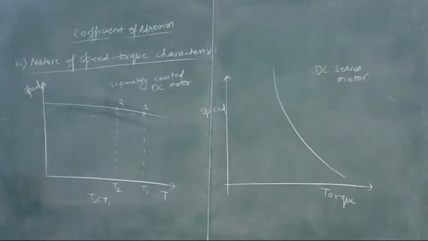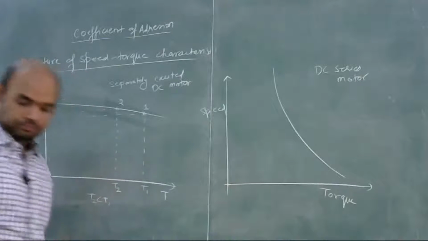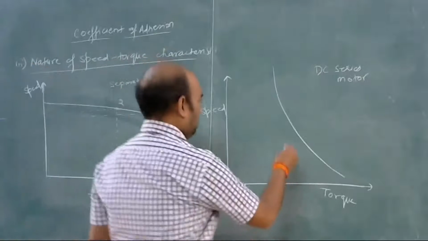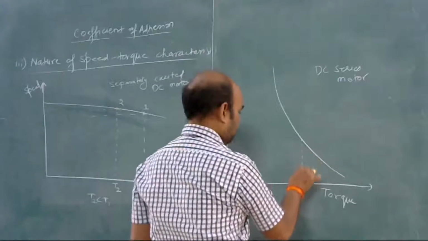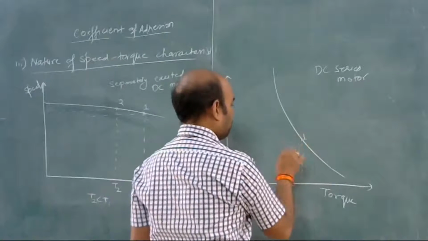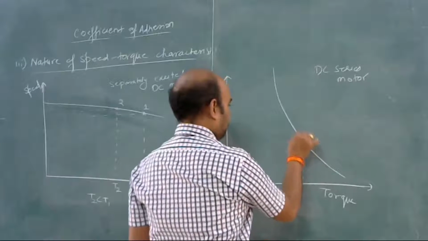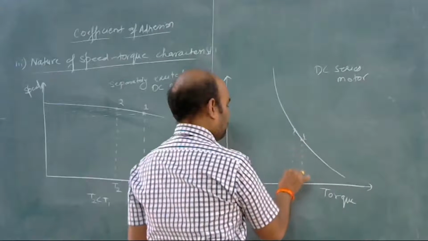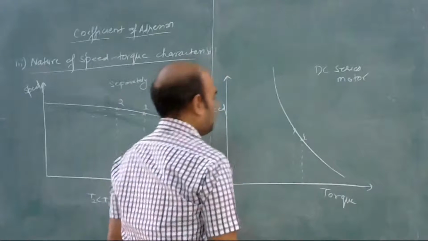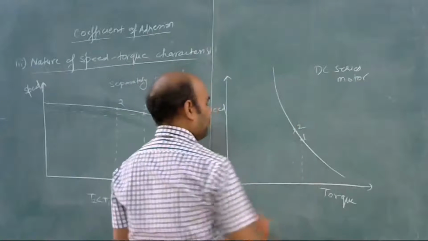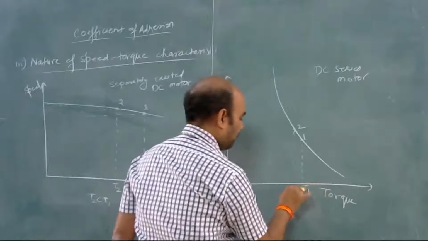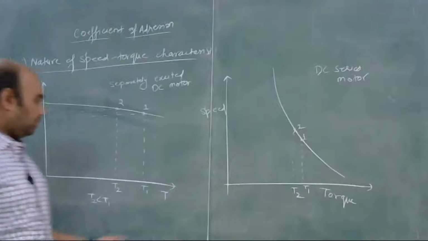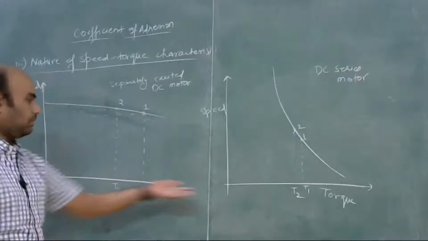Okay, so again, if there is a change in speed, there is a slip of the wheel. So let's suppose this is 1, and when the wheel slips, the speed of the motor increases. So this will be 2. So this is T1 and this is T2. Okay, so you can compare from these two graphs.